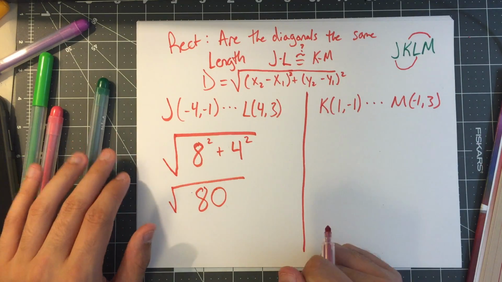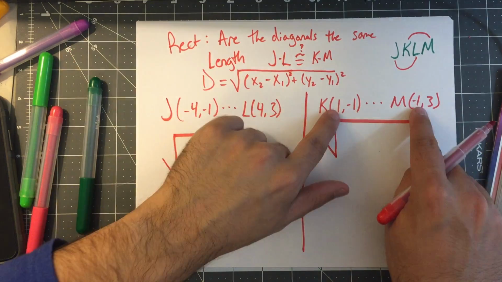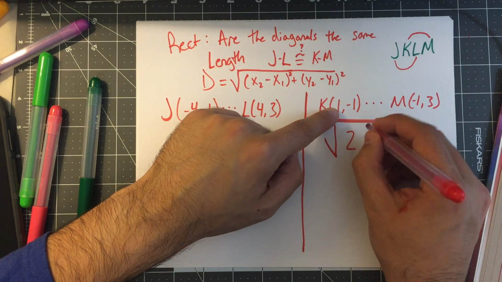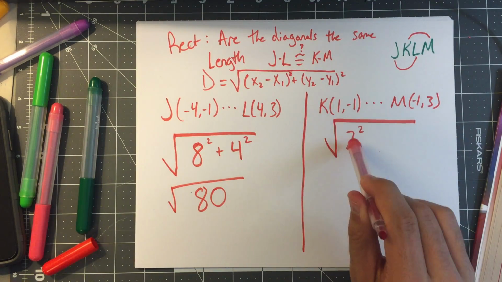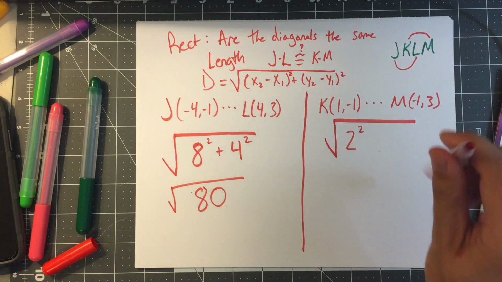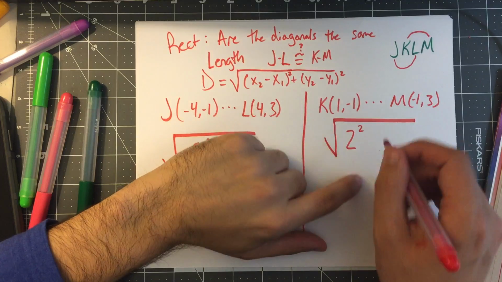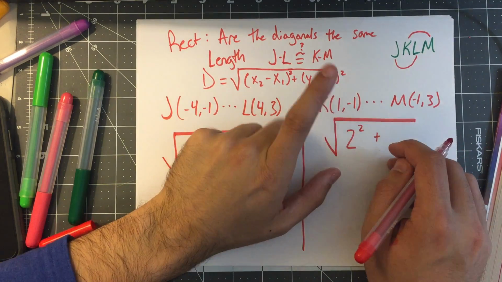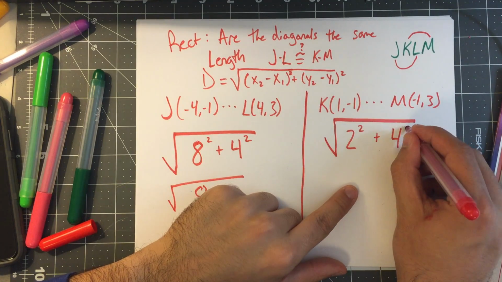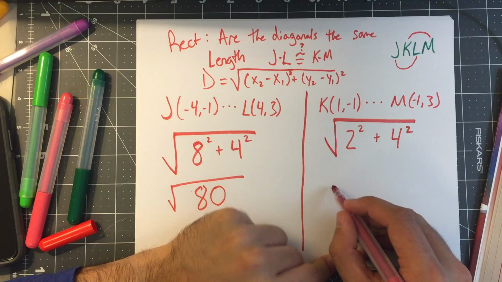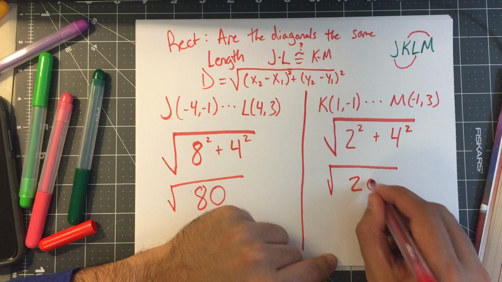That's my distance. Same thing over here; I know everything's going to be square rooted. How many hops from here to here? That's 2 squared. I should already be a little concerned because that's much smaller than these. This needs to be a much bigger number to get to 80. We'll see what it is, but just something to note. Then -1 to 3 is 4 squared. So this distance is 4 plus 16, which is 20.